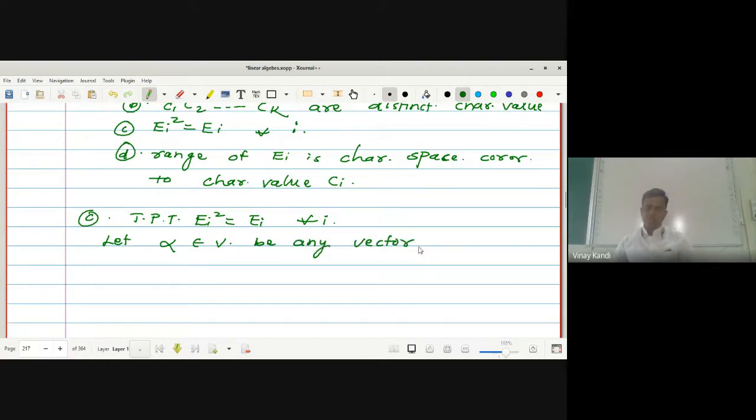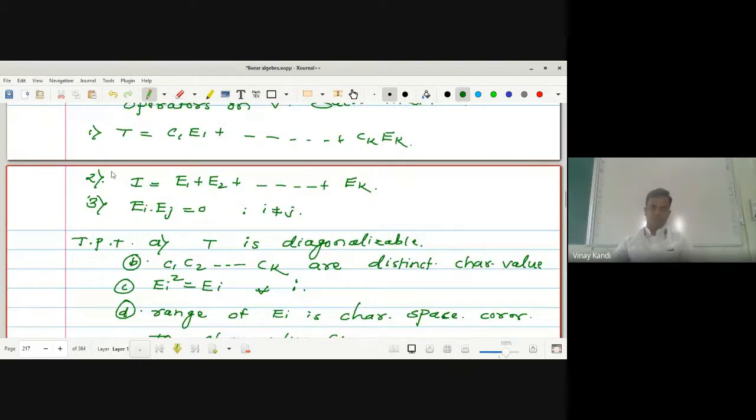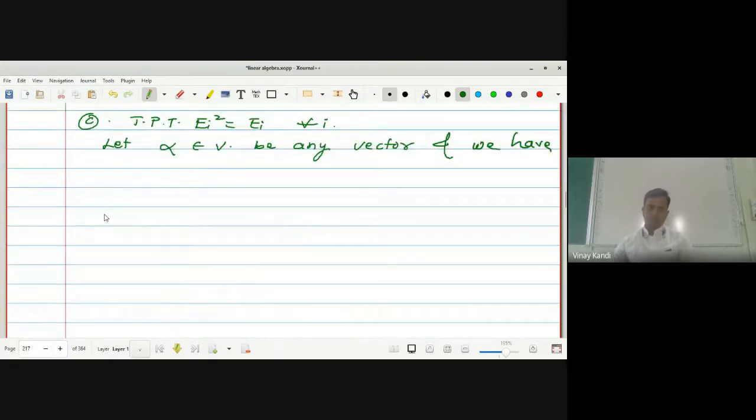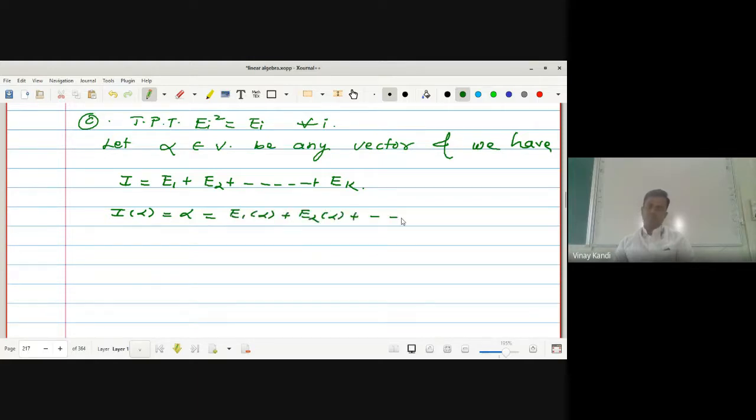We have the second condition: I is equal to E1 plus E2 plus up to Ek. So I of alpha, which is alpha, is equal to E1 of alpha plus E2 of alpha plus up to Ek of alpha.